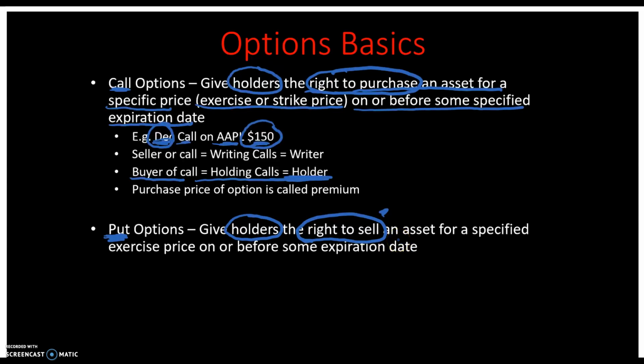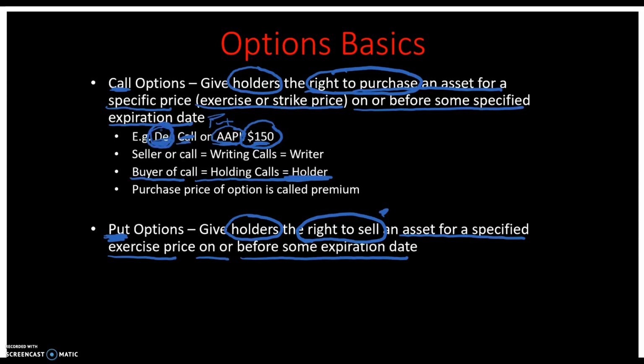And so back down here to the put option, asset for a specified exercise price on or before some expiration date. So very similar language to a call option. And again, if this was a put option, this would simply mean, hey, I have the right but not the obligation to sell my Apple shares for $150 before this December expiration date.